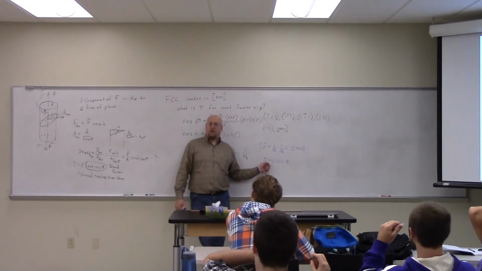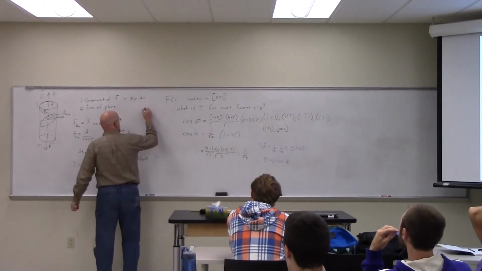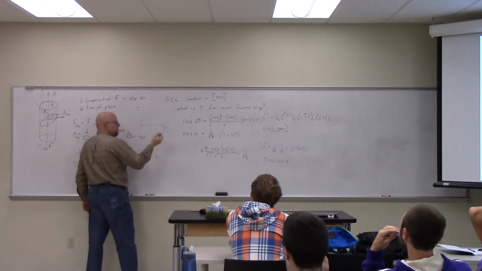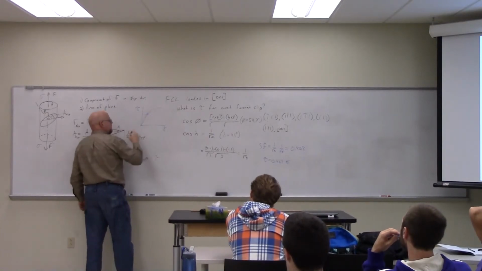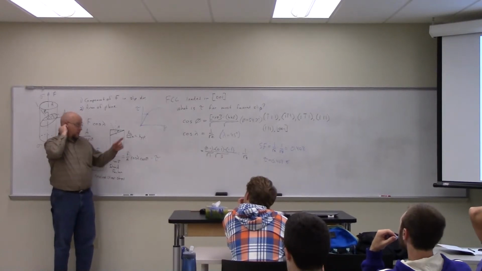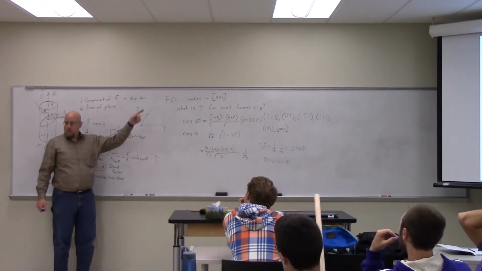And I've got to figure out where 16 megapascals is on my stress strain curve, except now it's tau versus gamma because I'm talking about a shear curve, and it has this kind of behavior. What is the yield stress in shear? If the yield stress in shear is 12, then I know it's going to shear.